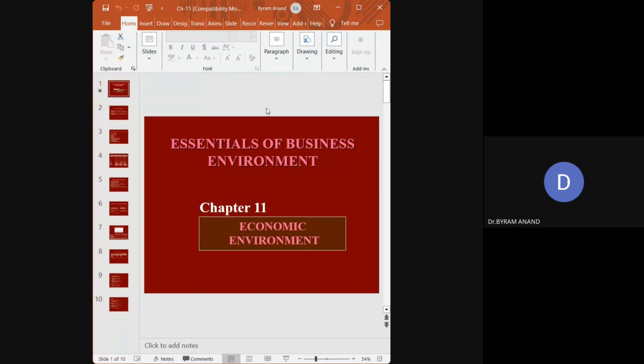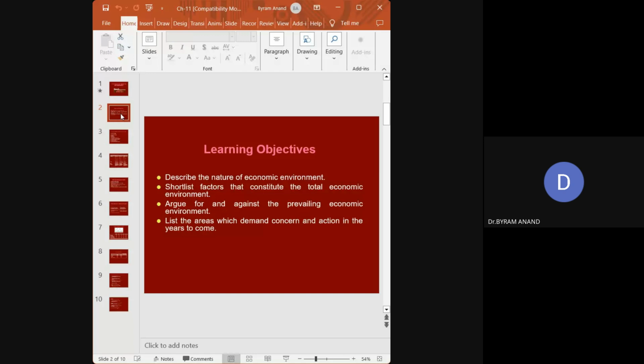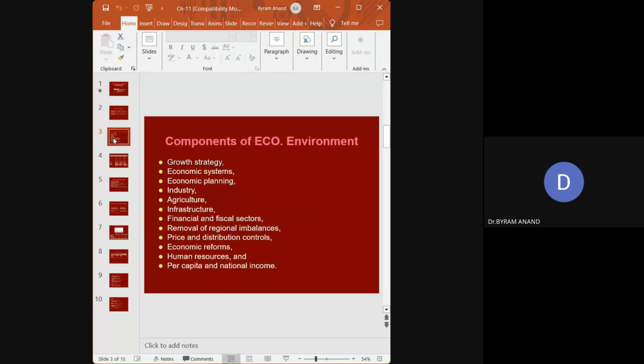But we talk about the economic environment. What is the nature of the economic environment? What are the factors affecting it? What are the economic conditions in India? How is it creating demand for a particular product in India?